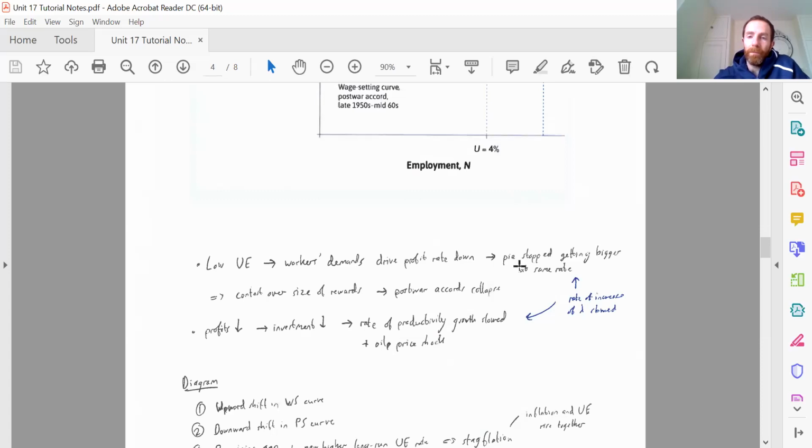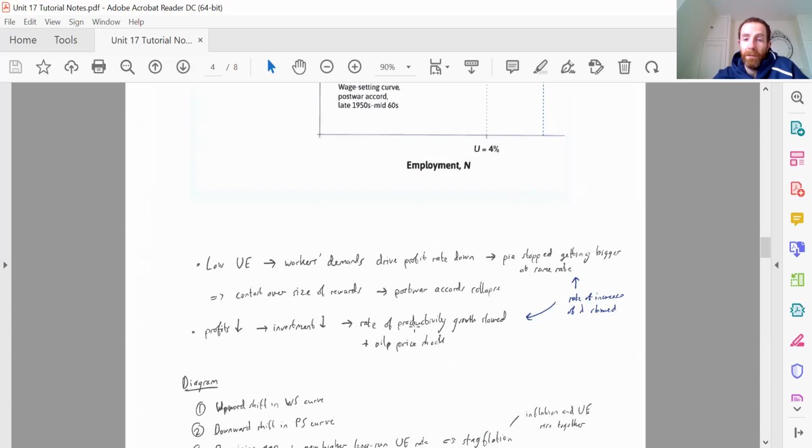So the combination of all these things, plus one other really big event, which is oil price shocks, right? In the early 1970s, there is a shock to the oil price. We see a war in the Middle East that reduces the supply of oil. So a sudden increase in the price of oil, which is a massive input to lots of different firms.